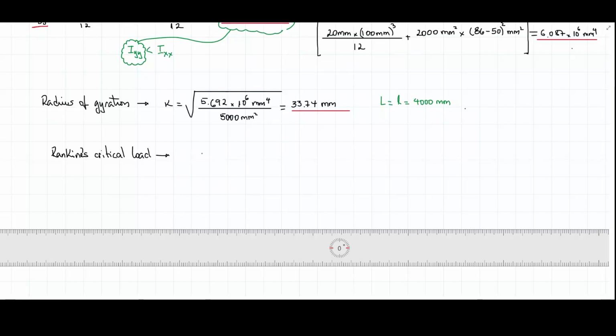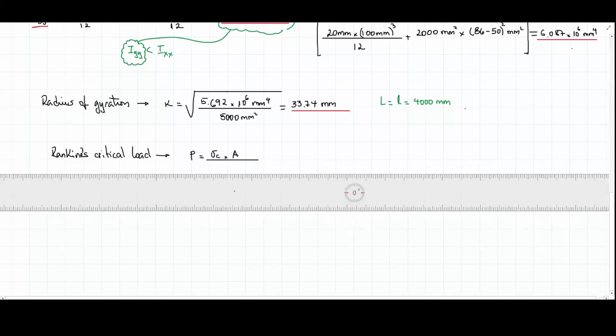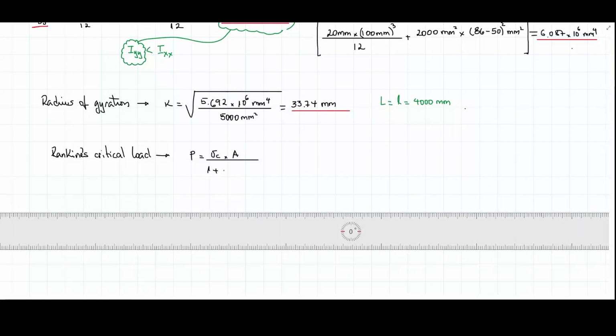Great. So we're going to have that P equals, on the upper part, sigma C times the area of the section, and that's going to be divided by 1 plus Rankine's constant times the relation of the length of the column and the radius of gyration, squared.